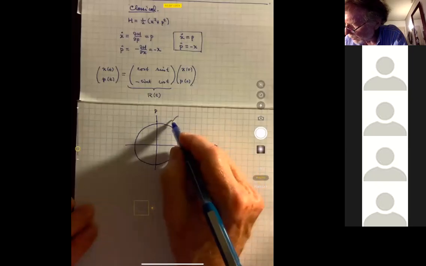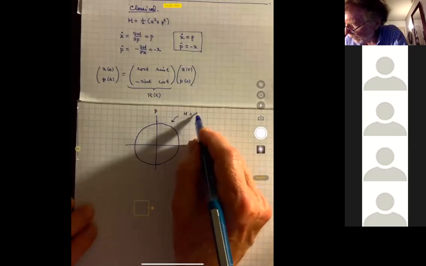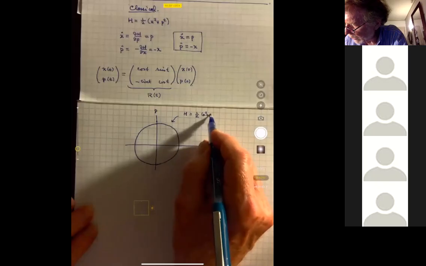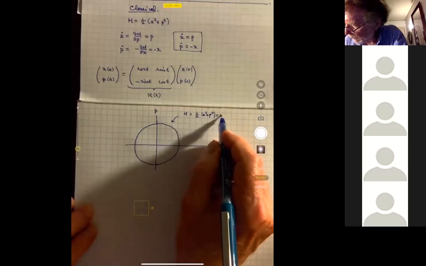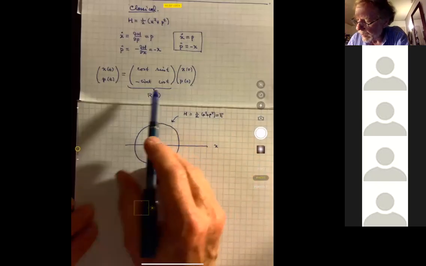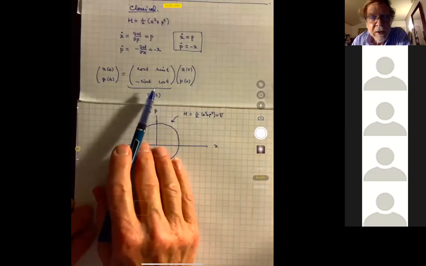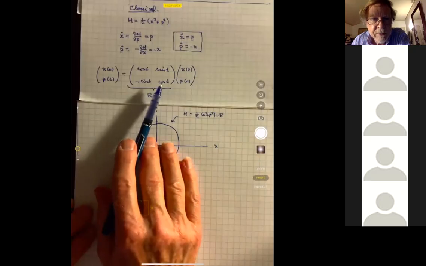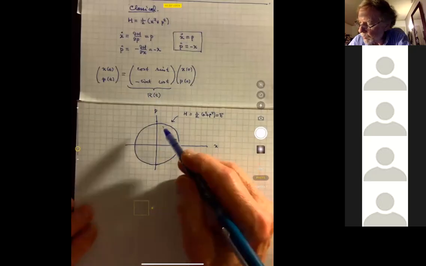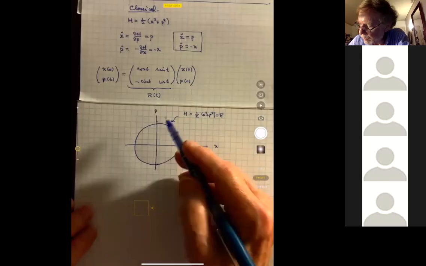So this is h equals 1/2 (x squared plus p squared) equals energy E. And this R of t matrix that appears up above is a rotation matrix in phase space. It rotates in the clockwise direction by an angle which is the time t. So that's why I call it R of t, because it's really a rotation.